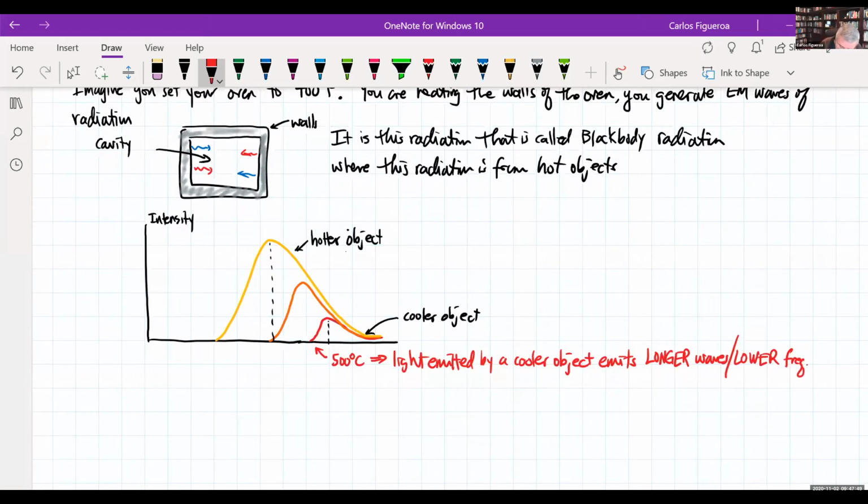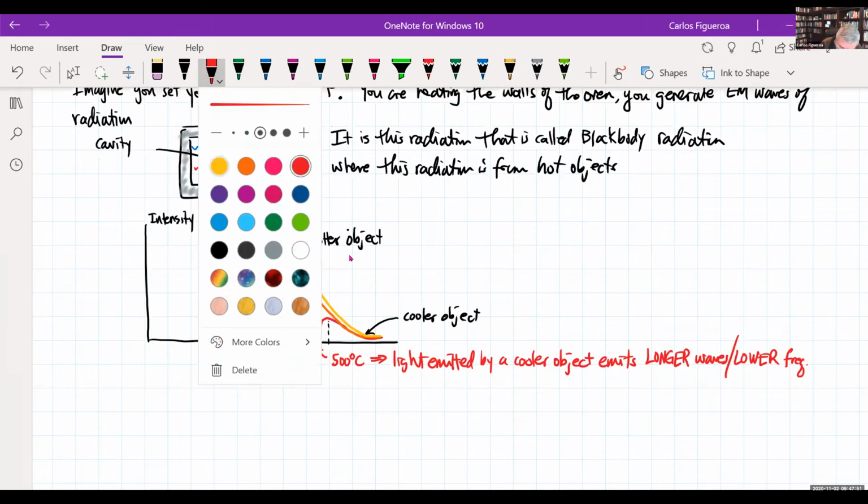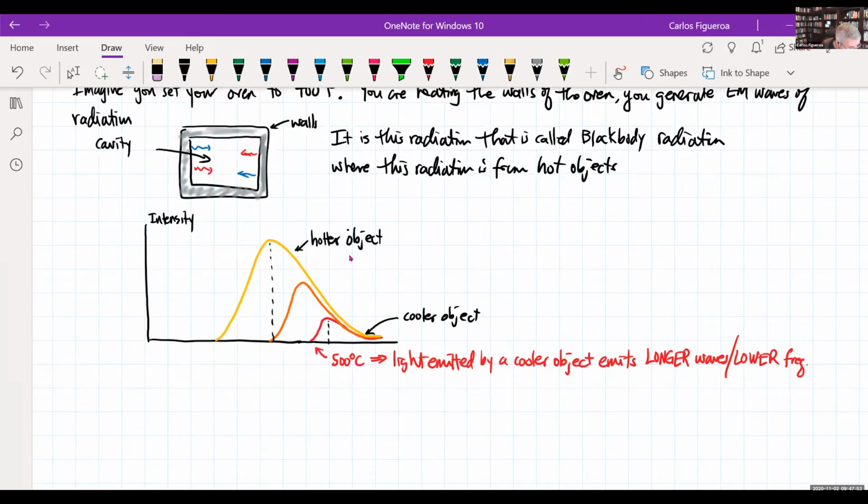But if I look at this yellow one now, this yellow one I would say is at a higher temperature. Let's say that this curve here, this makes me a little bit nervous writing in yellow. Can you guys see this yellow?